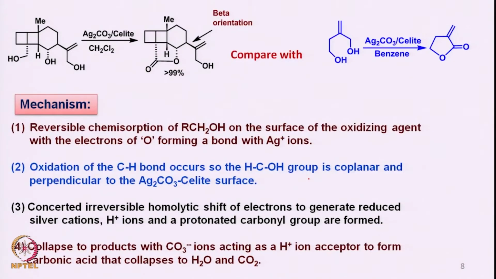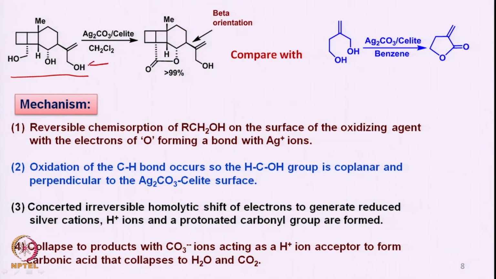Here now we have another example where we have a triol. As I mentioned earlier, allylic alcohols are oxidized faster than non-allylic alcohols, but it also depends on many other factors. For example, here we have the stereochemistry orientation.